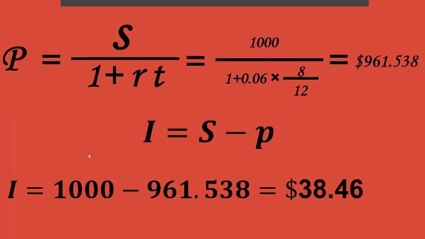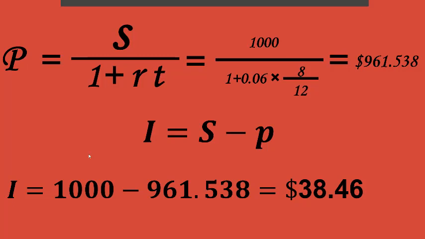By substituting in B equal S over 1 plus RT, for S equal $1,000 and for R equal 6% and for T equal 8 over 12, we can get B, which is equal $961.538.